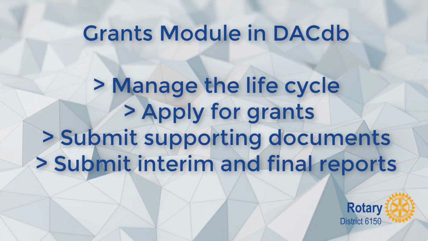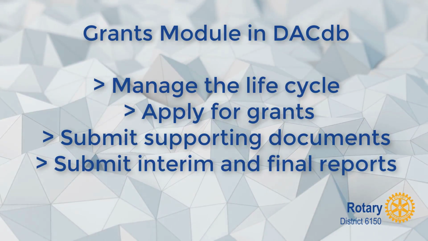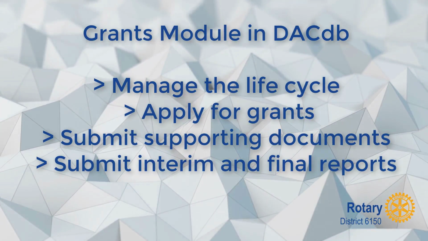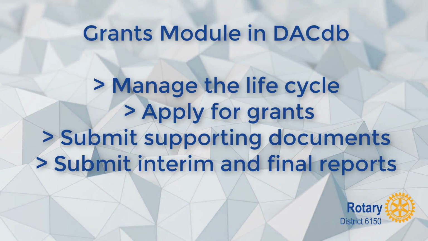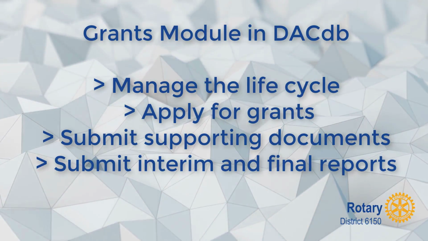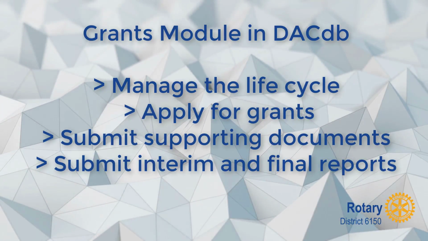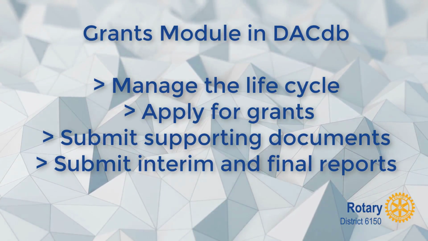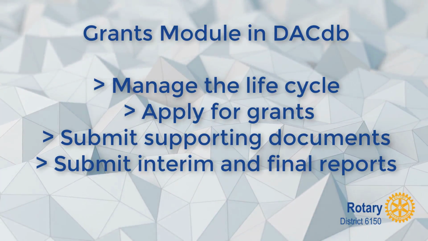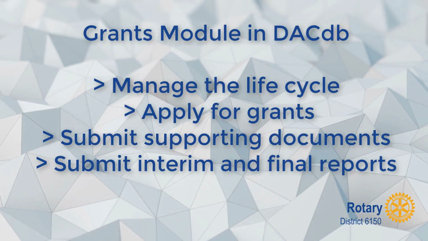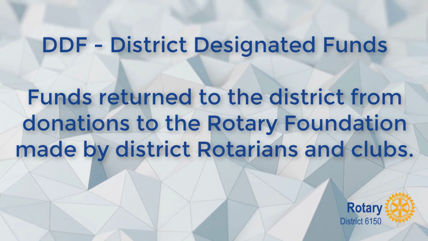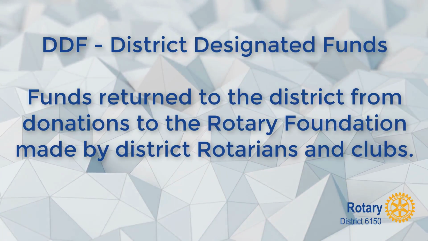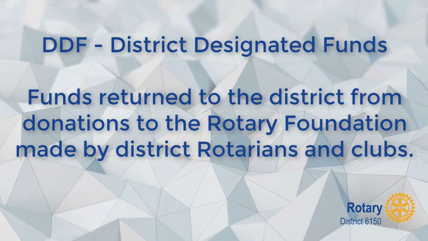At the very end, after your project has been completed, you're required to file a final report, and we'll get into all the things that you'll need to have in that to finalize the project. The process for the district grants really starts when the district is notified of the DDF funds, the district designated funds, that the district is receiving for the upcoming organization year.